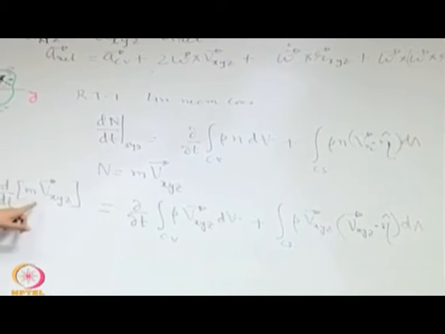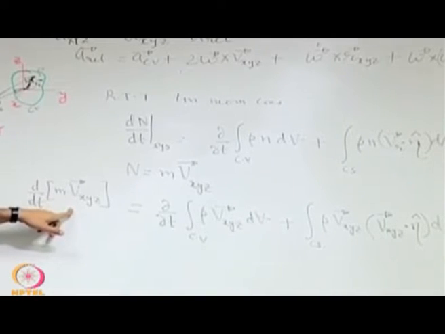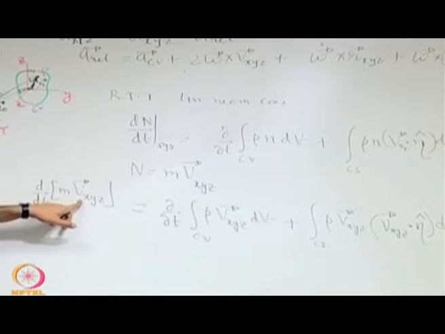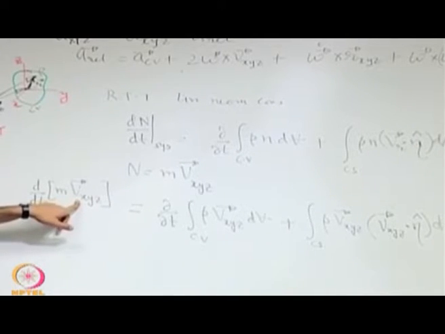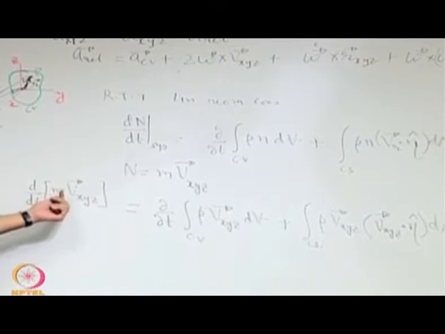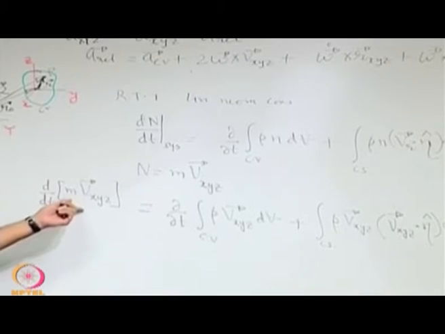When you look into the left hand side, what is the assumption? The assumption is that the entire system is having the velocity V small xyz relative to the small xyz, because this is the total linear momentum of the system.